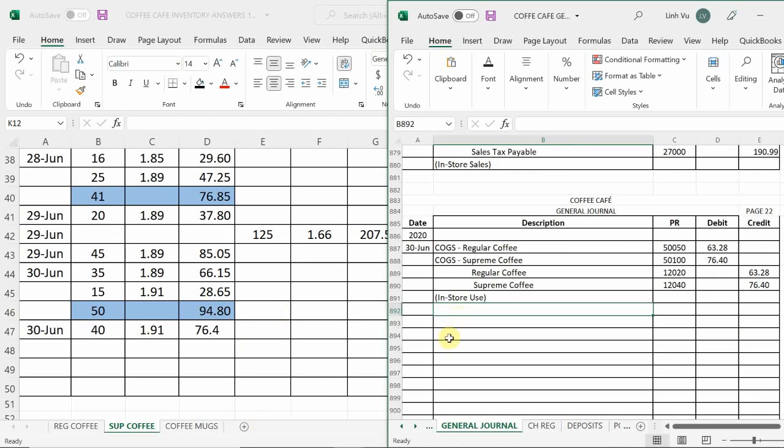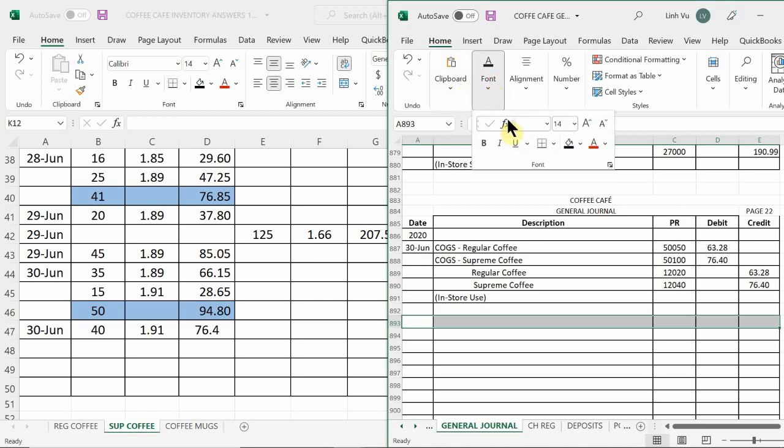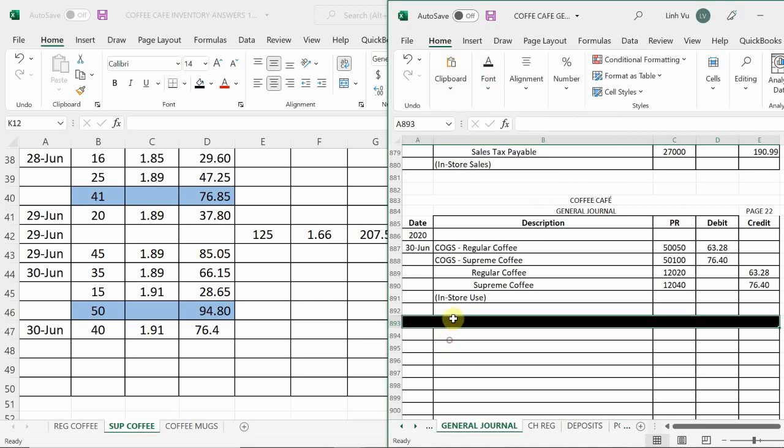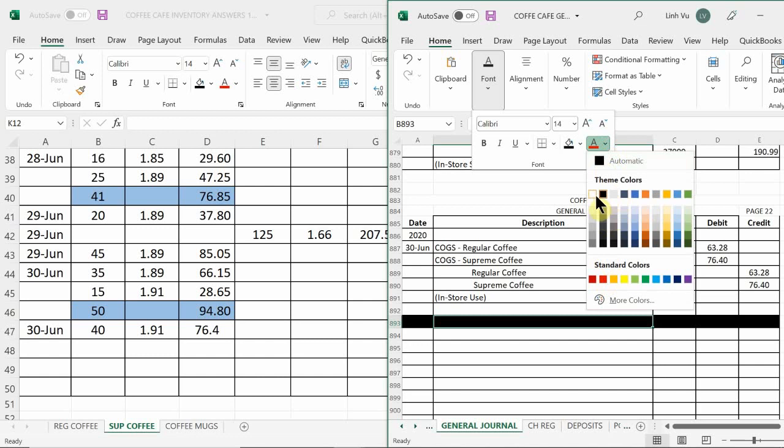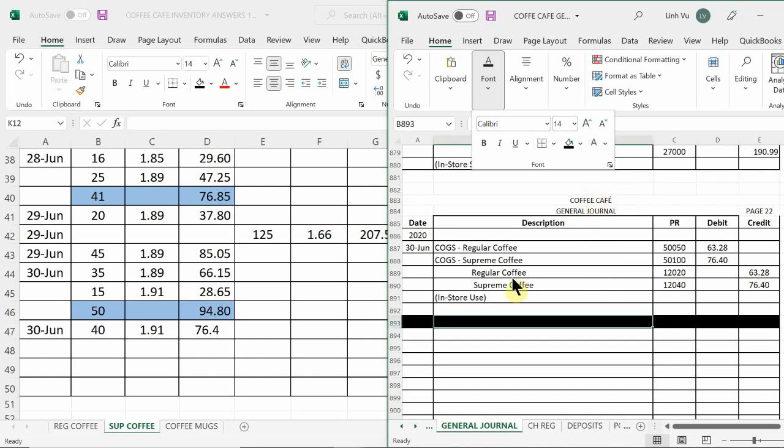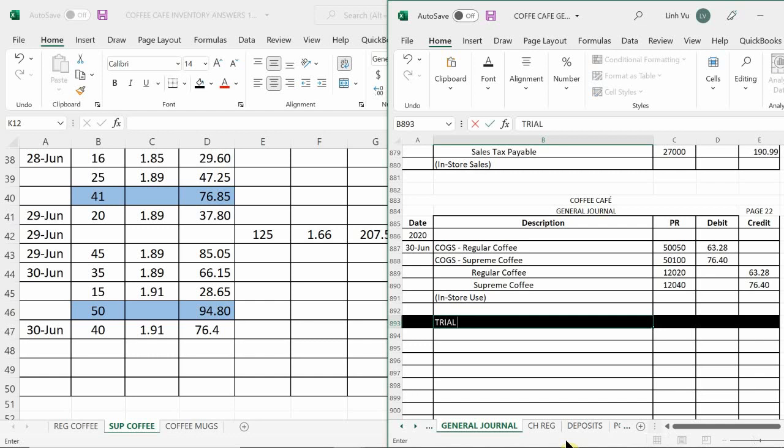Since this is the very last transaction of the entire month, and we're going to be doing a trial balance after this, I'm going to go ahead and block out a whole line here, because now I'm completely done with my journal. So at least if I make a mistake, I know that I have done it between the 29th and 30th, right? And then of course, I'm going to separate it from my transactions.